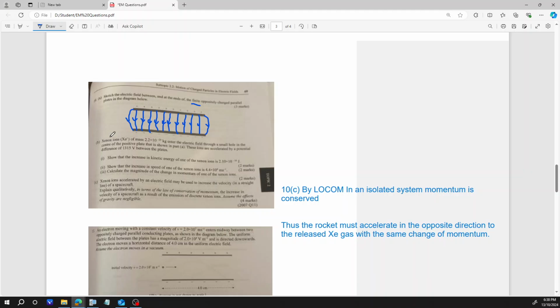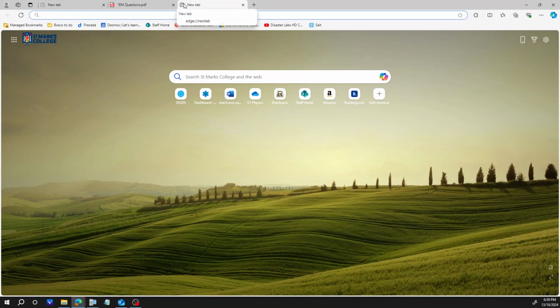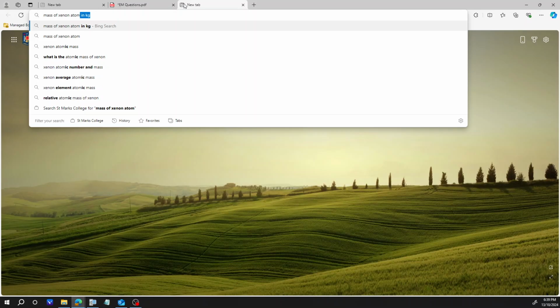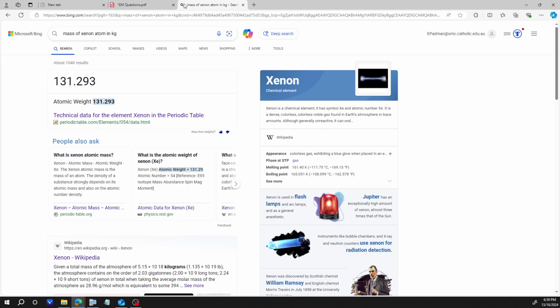Okay, xenon ion mass. Assuming, I can't read that too well, assuming it's minus 25, I'm going to go with that because that sounds about right. I suppose I could just Google it. In kilograms.